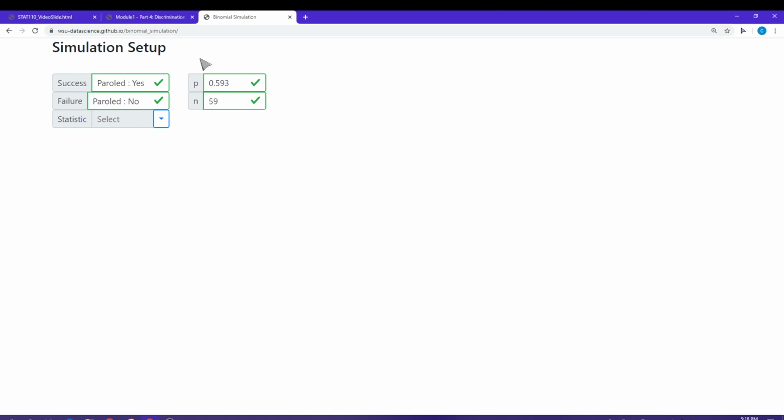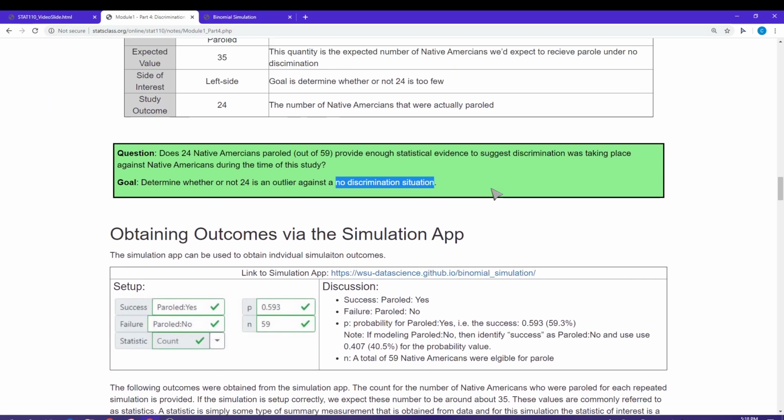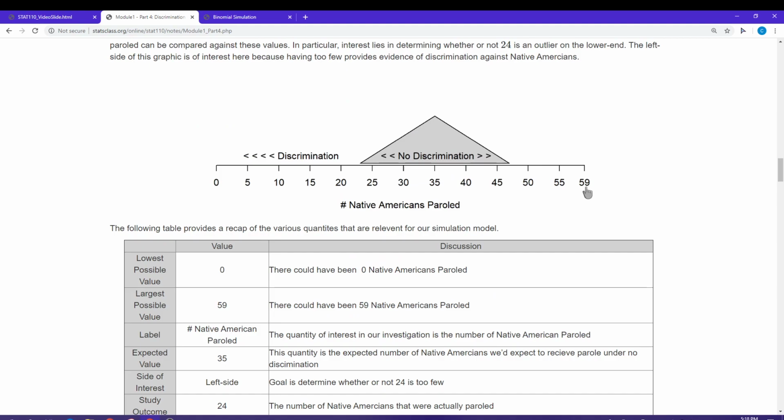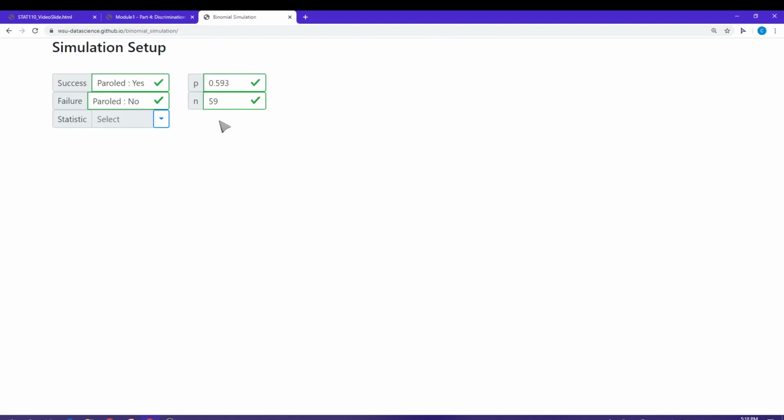This N value right here actually is always the maximum value on our number line. So the largest possible value here on our number line is 59, and that is the value that we put here in for our sample size or our number of trials. And then we are going to use a count. Again, I am keeping track of the number of Native Americans that were paroled. Later, we're going to start looking at proportions, but for this Module 1, we're looking at counts.